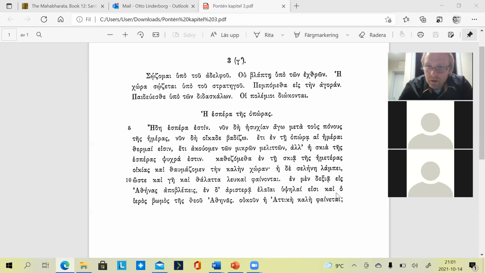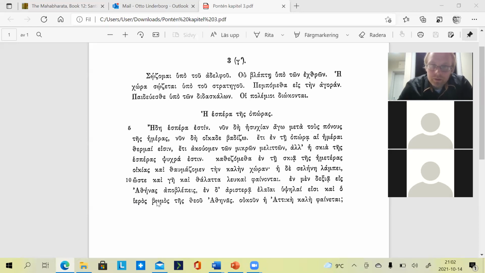Kai ho hieros bomos tes theou Athenas. What does that mean? Bomos means altar. Hieros, divine or holy.